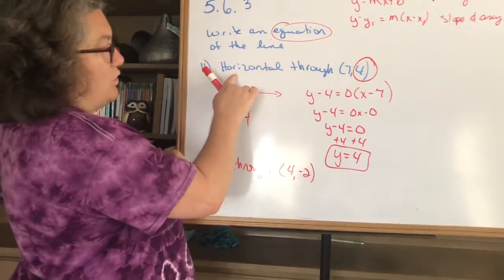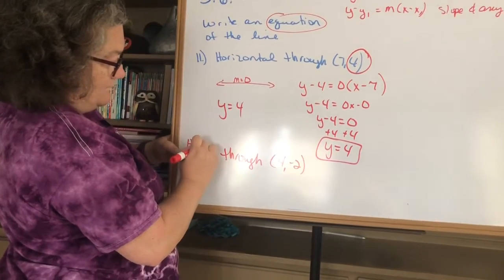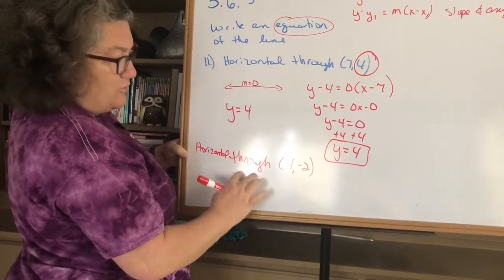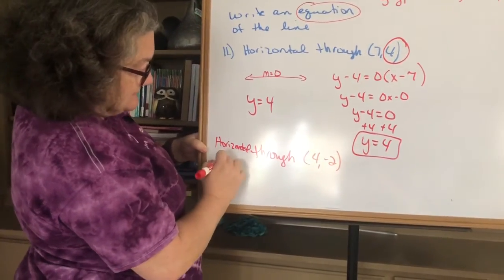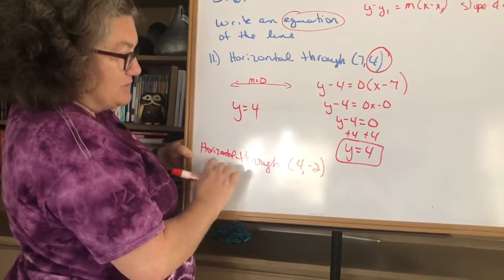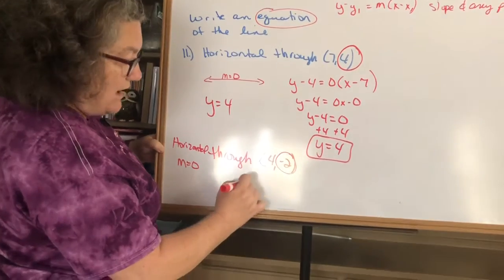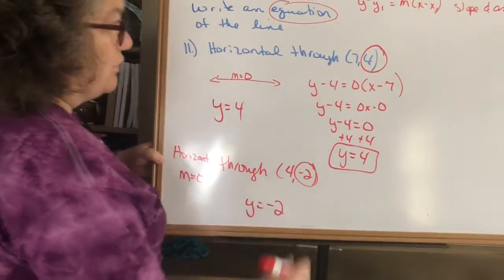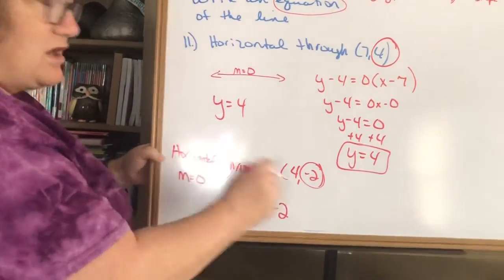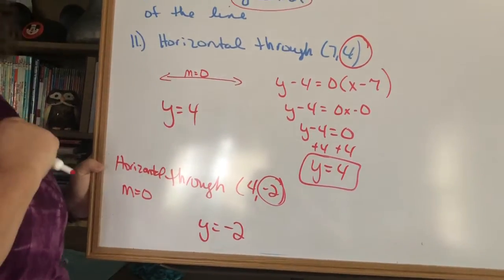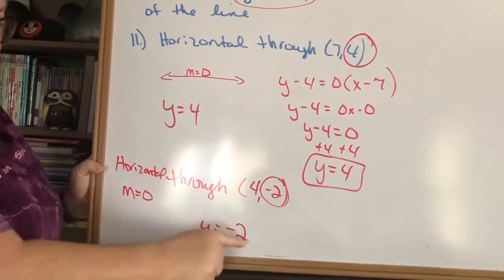I know because it's horizontal that m equals 0, and I know it only deals with my y, so it's going to be y equals negative 2. It's always going to be that way when you're writing an equation of a line that's horizontal through any given point.